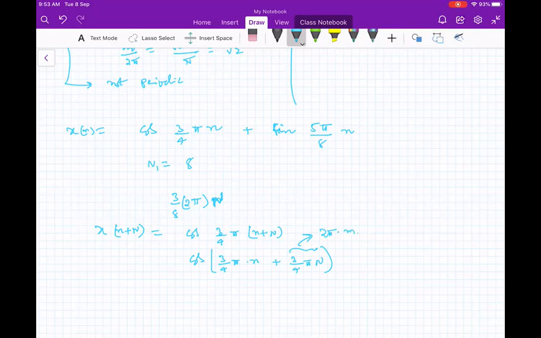So you should express this in terms of 2 pi into n somehow, with integer n there should be a 2 pi term. To get that, what you need is N1 equal to 8. If you bring N1 equal to 8, this will go off and there will be only an integer term into 2 pi. Fine. Hope this discussion is understood by all.